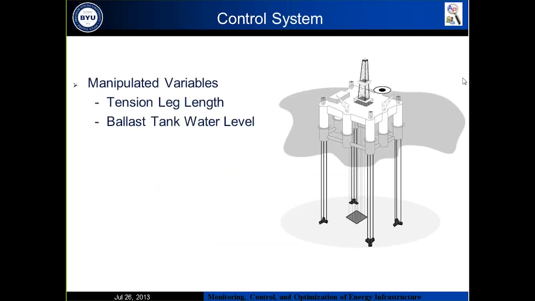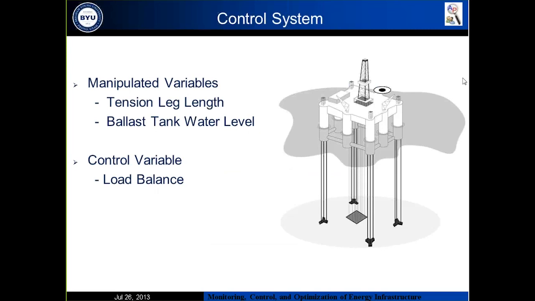I'm thinking of automating this process. For my manipulated variables, I will have the tension leg length, because it can be changed using their equipment, and also the ballast tank water levels, since by changing the water level in the tank we can affect the loads on each tendon.